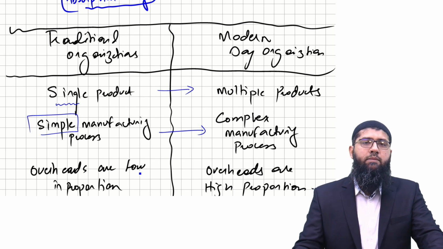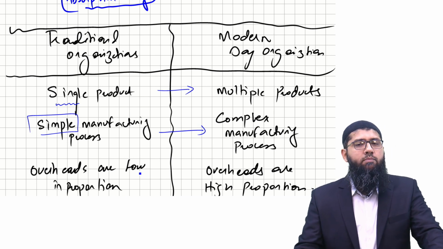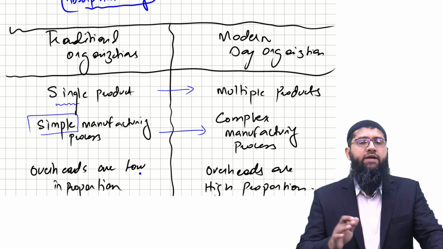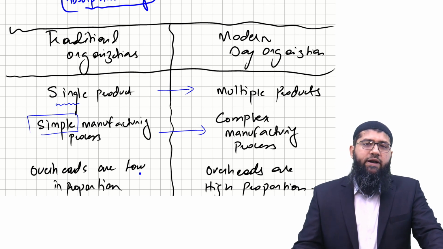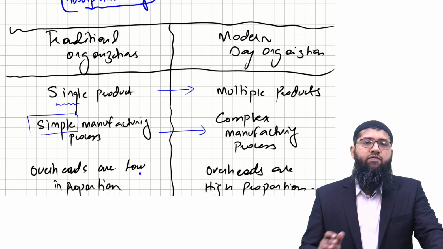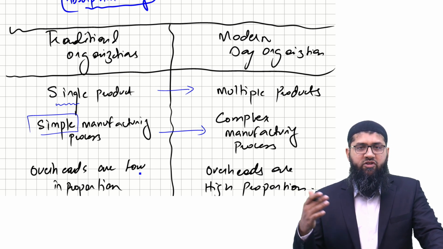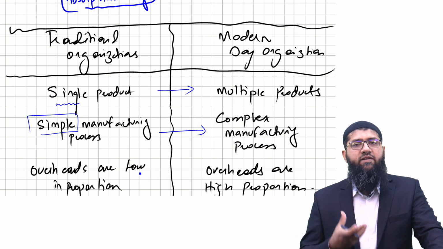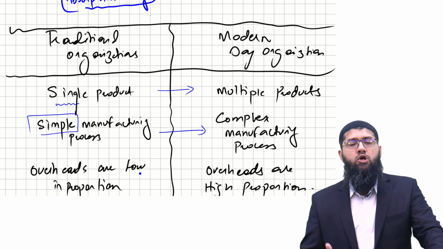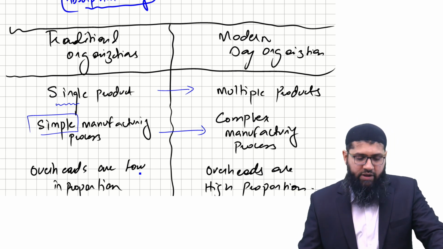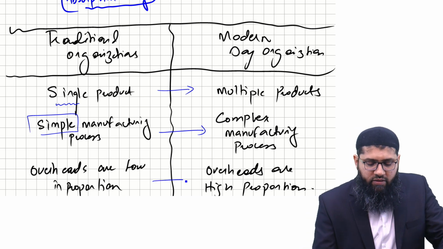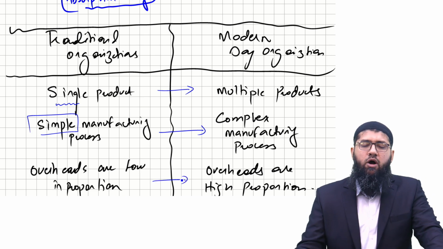What does it mean for modern-day organizations to be machine intensive? It means that organizations are focusing more and more on machinery, so their overheads are now a larger proportion of the cost compared to traditional organizations. There is one more reason, which is competition.